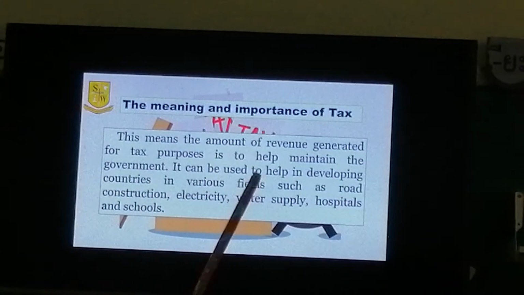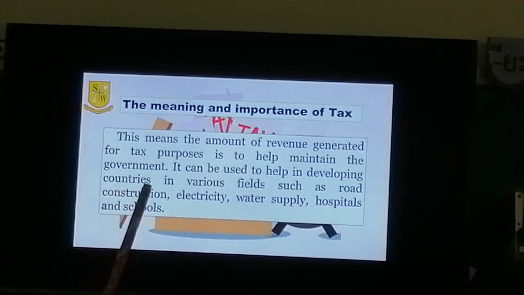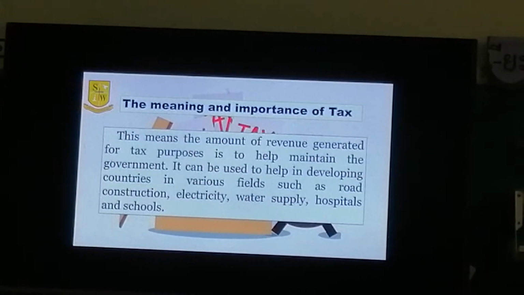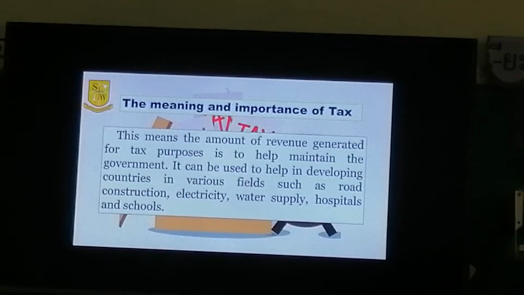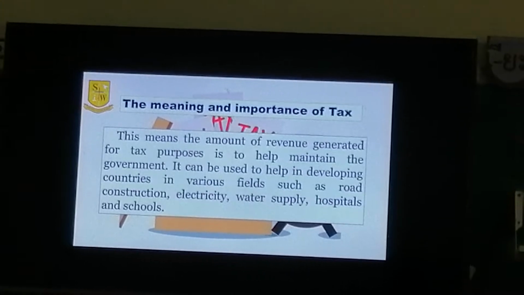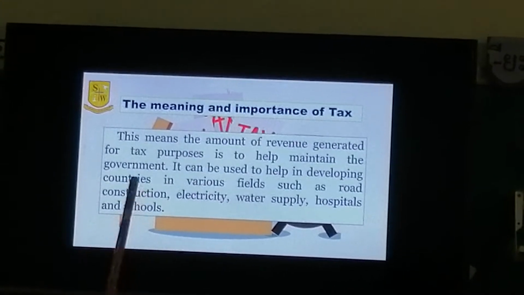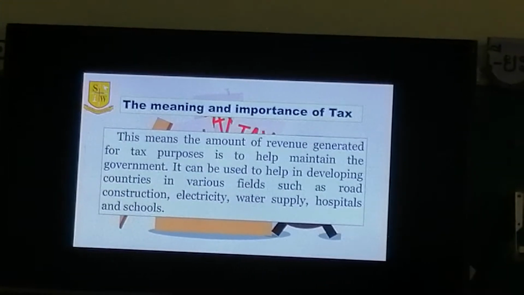It can be used to help in developing countries in various fields such as road construction, electricity, water supply, hospitals, and schools. So why do people pay the tax? Have you thought about that? Why do people pay the tax to the government? So that the government could maintain the country.